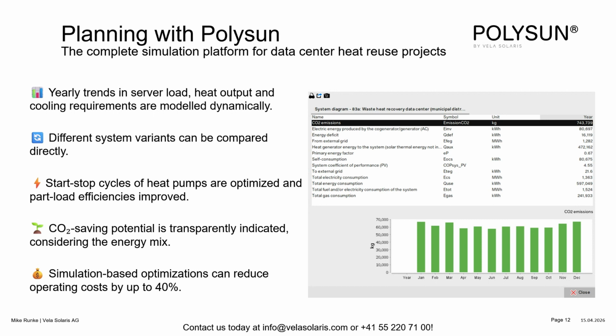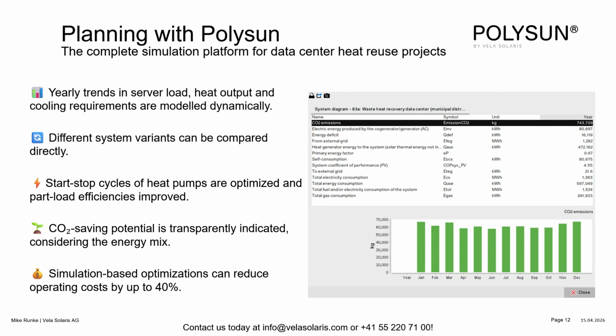I showed you a brief snippet of it. In the component results, for example, we can see start-stop cycles of the heat pumps, and we can change different sorts of controllers to see how the start-stop cycles or the overall hours the heat pump runs change. Also, the CO2 saving potential is transparently indicated.